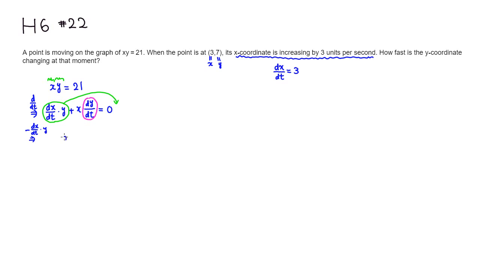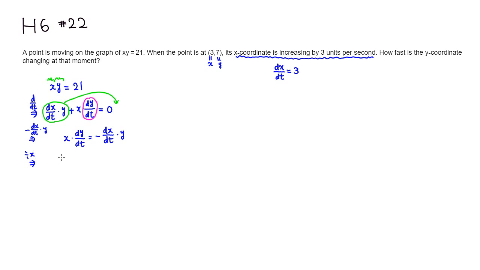So we're going to get x times dy over dt is equal to negative dx over dt times y. Then we just need to get rid of x, so I'm going to divide through by x.